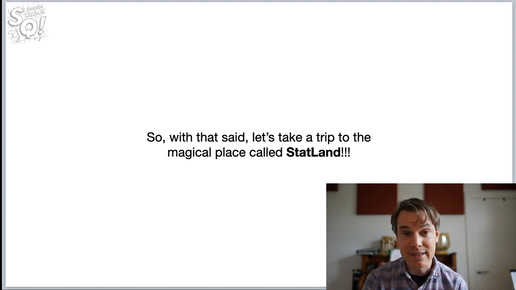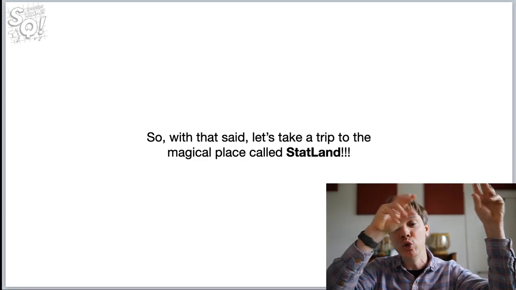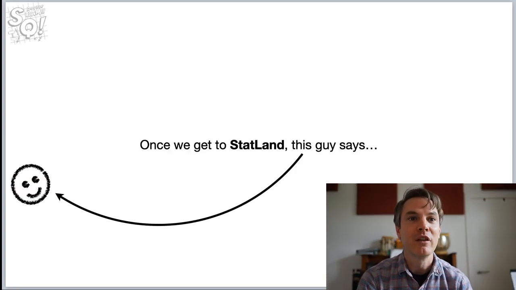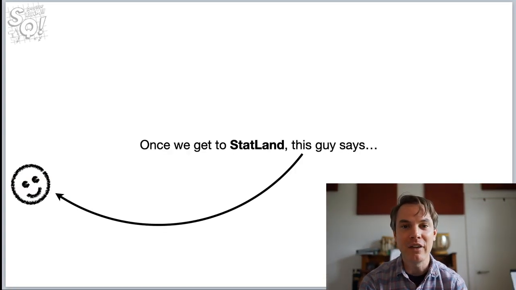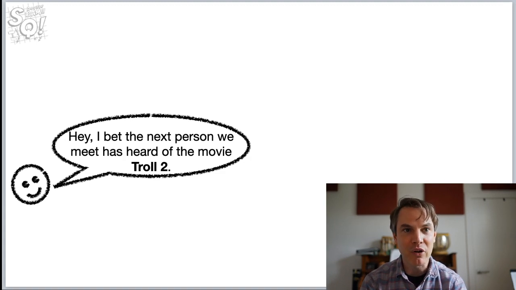Okay, so with that said, let's take a trip to the magical place called Statland. And if I had chimes, I'd have chimes going. Okay, so once we get to Statland, this guy, he's going to be our friend in Statland. He says, hey, I bet the next person we meet has heard of the movie Troll 2.